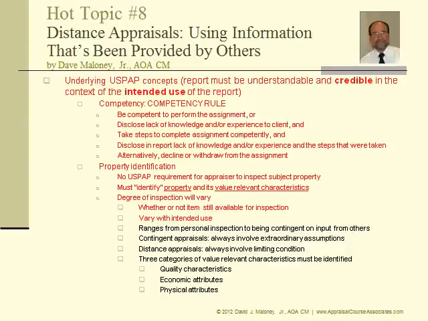In addition, the degree of inspection could range from the appraiser making personal observations during a traditional hands-on inspection to the appraiser relying completely on information, including photographs, provided by others, including from the client or perhaps from a third party. That is a contingent distance appraisal.